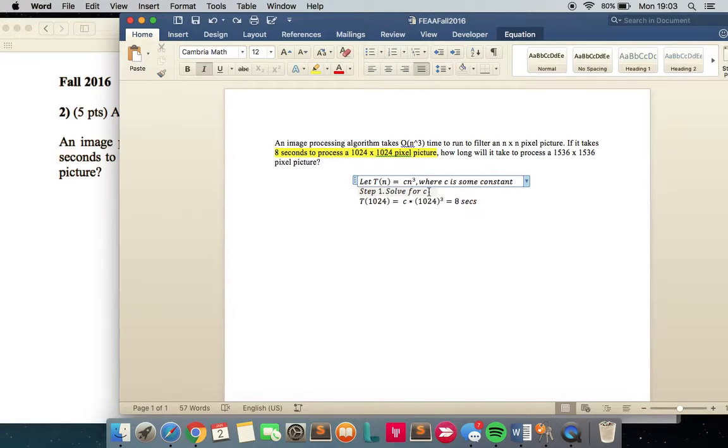Step 1, solve for c. So I have t of n, where n equals 1024, is equal to c times n cubed, equals 8, because we're given that piece of information in our problem statement.